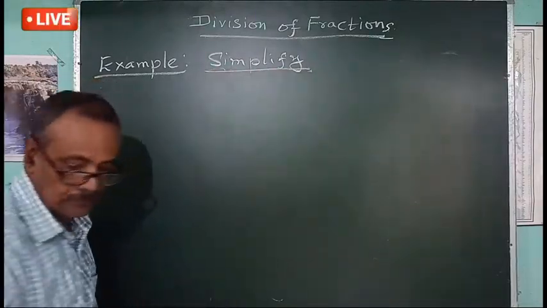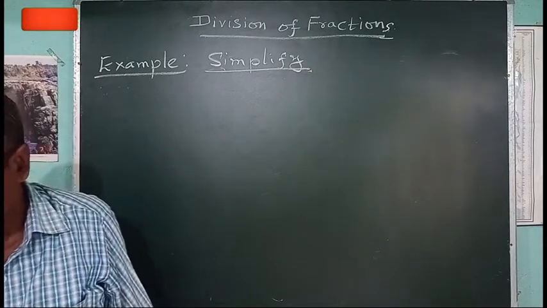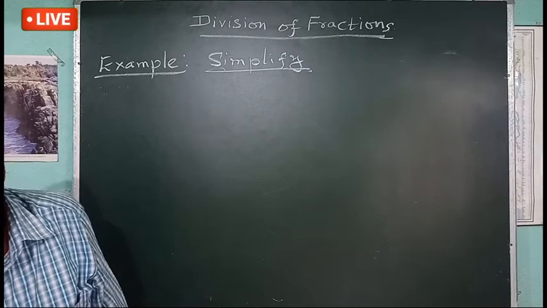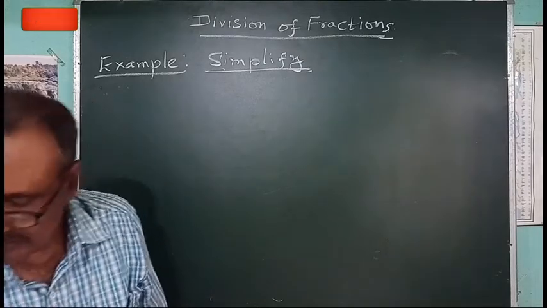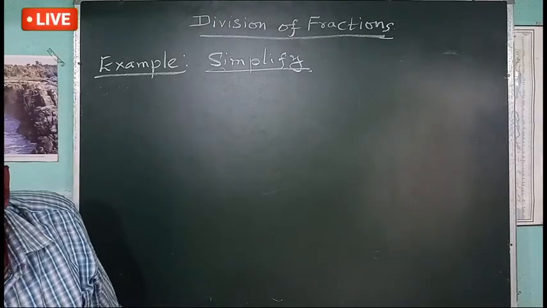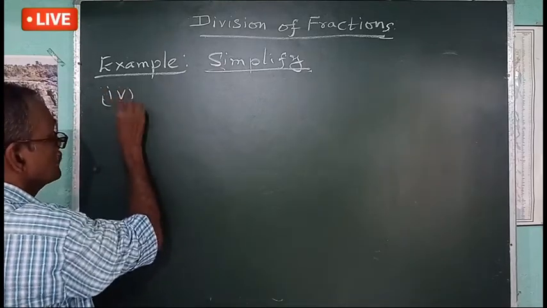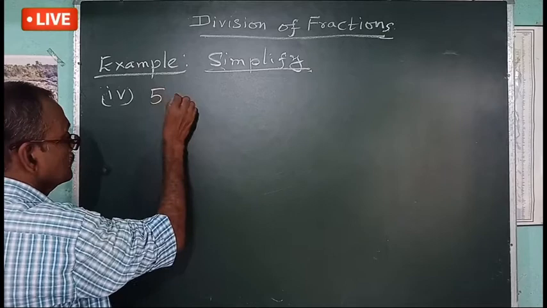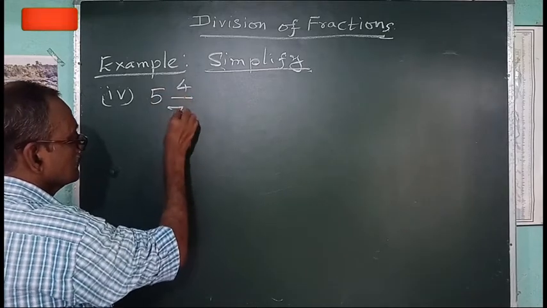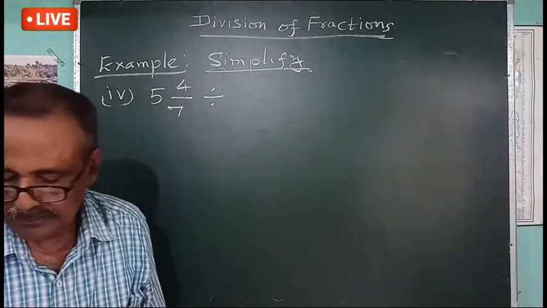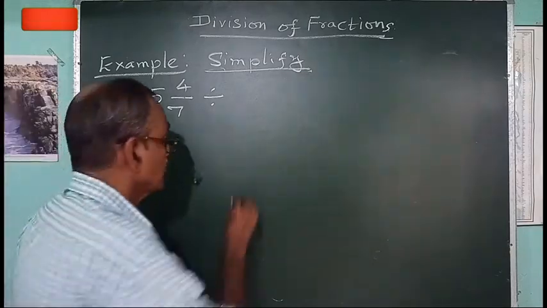Then simplify. So we will find further 5 whole 4 by 7 divided by 13 by 14.